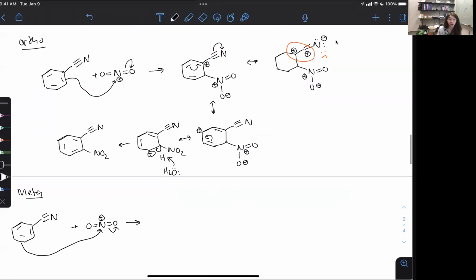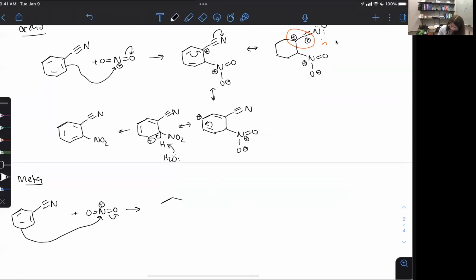Okay, so same attack. We get to our carbocation intermediate. Put it in the meta position this time because that's what we decided to do. I'm just going to go ahead and draw it out too. Okay, so we got our positive charge here.